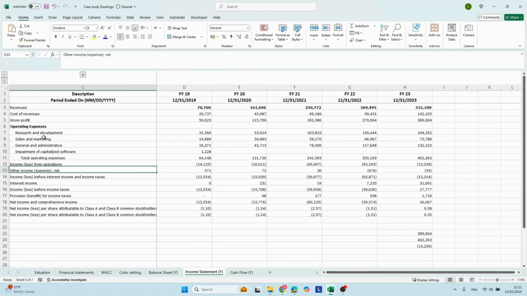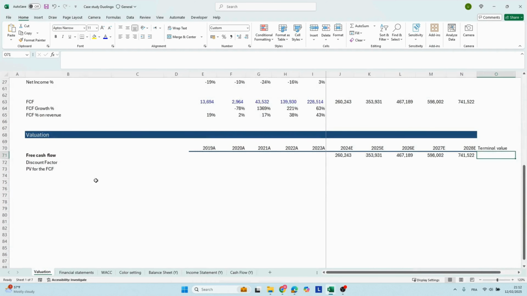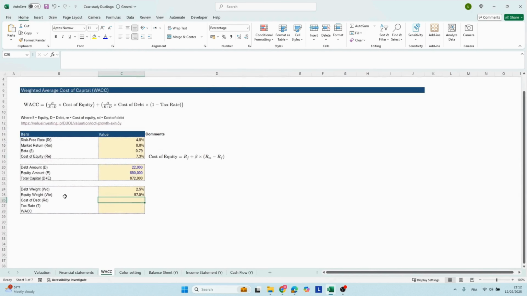We haven't found any interest costs. That means the company has no cost of debt. So we go back to our WACC and we put 0. Next, for the tax rate, we use 20%. We don't have real information about the tax. You can get it from the company website or from the income statement. Here we put 20%.